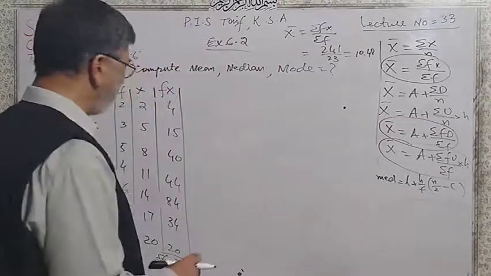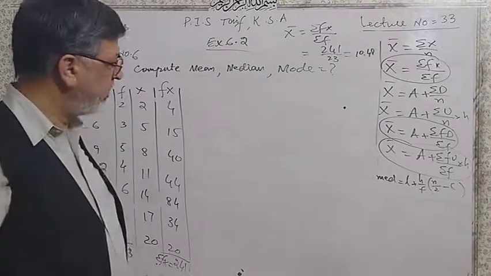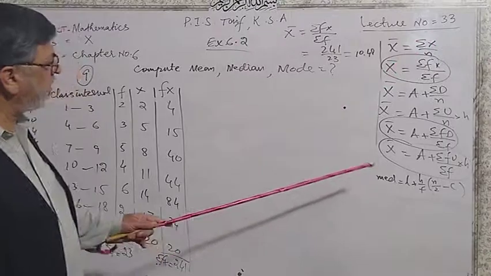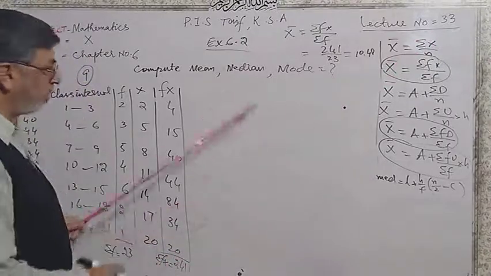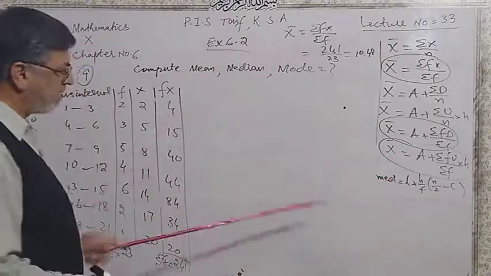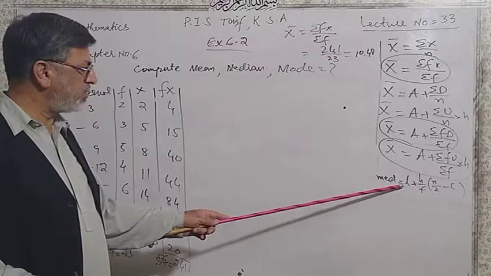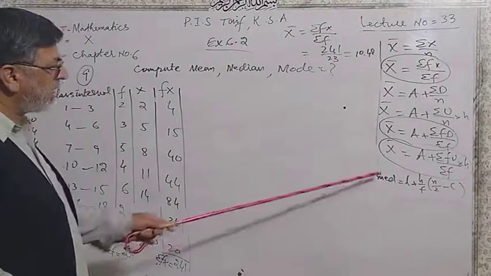In case of median, what is the formula? You must check the formula so that we can add the different required columns in your question. L is lower class boundary. It means that you have to write down class boundaries.